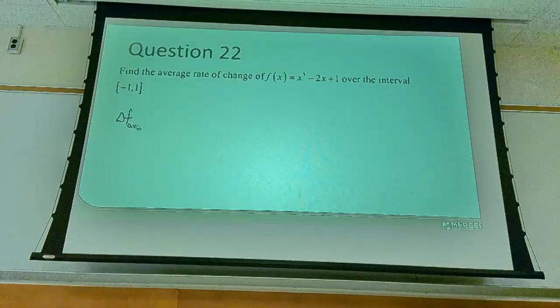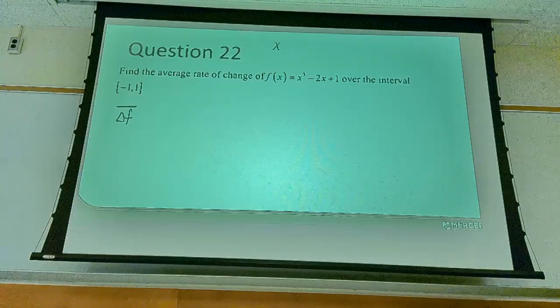Another way I could represent this is with a bar over it. Whenever you put a bar over something, it generally means average. So x bar would be average of x. So if you do delta f bar, that would just mean average of delta f, or average rate of change.